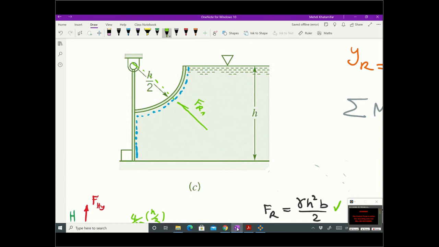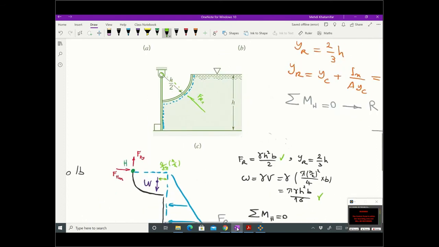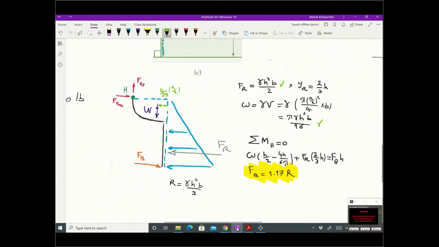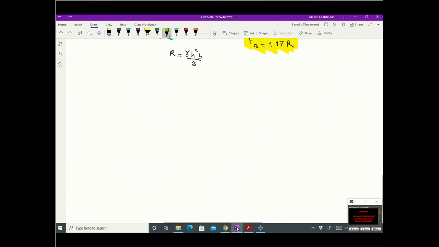Okay, let me solve this question. This is our gate. We are going to have a resultant force here, number 1, and another resultant force here for number 2.